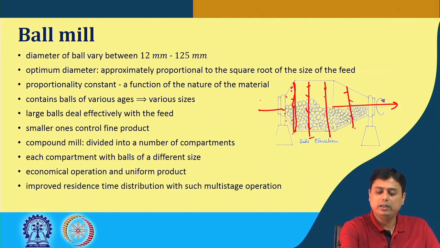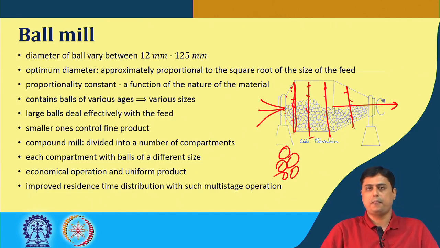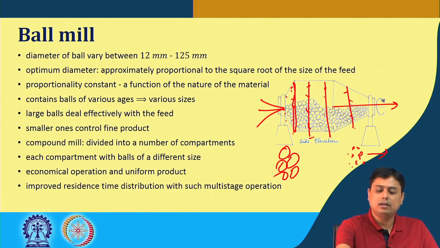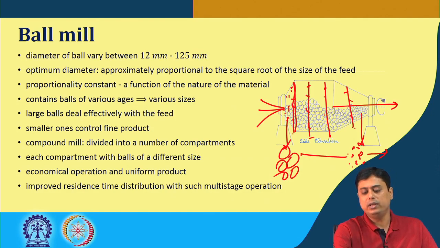Starting with the feed position, the coarser or bigger balls are there, and near the product discharge location, we have very small balls. Within a compartment, the balls can be of uniform size, or they can gradually decrease in size from feed to product.